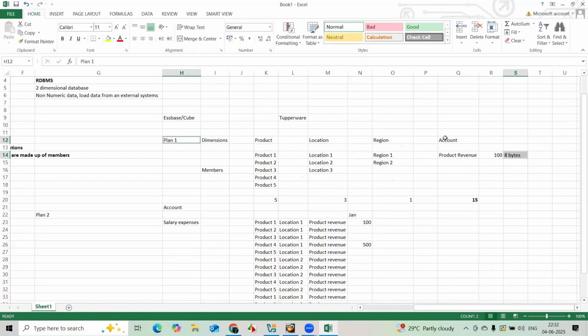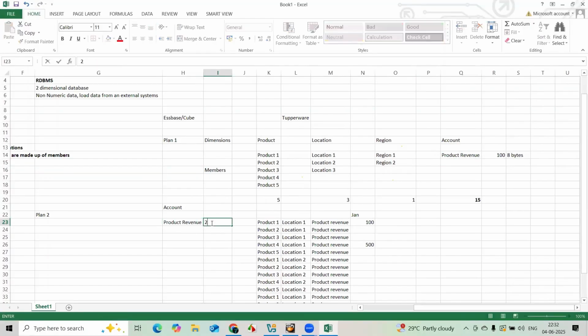If you enable the same account dimension in Plan 2 and use the same product revenue, and you input 200 in Plan 2, it will occupy 8 bytes of data separately in the Plan 2 cube also.